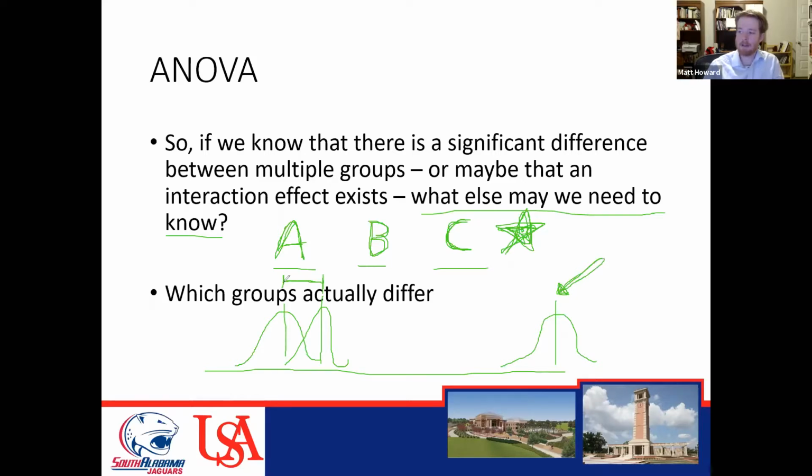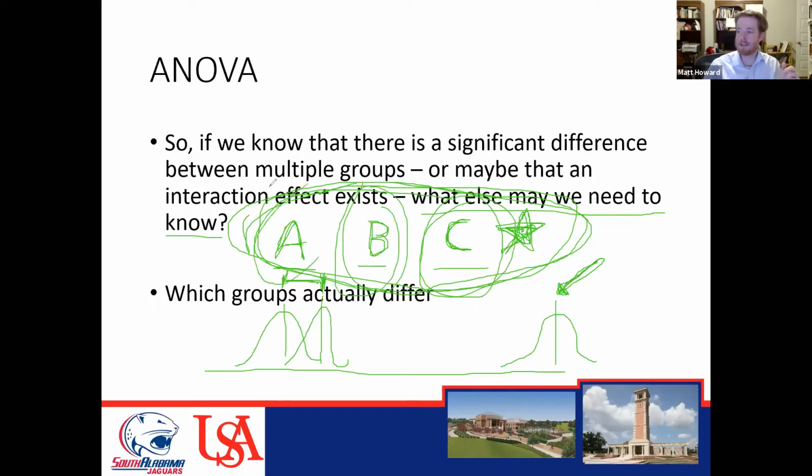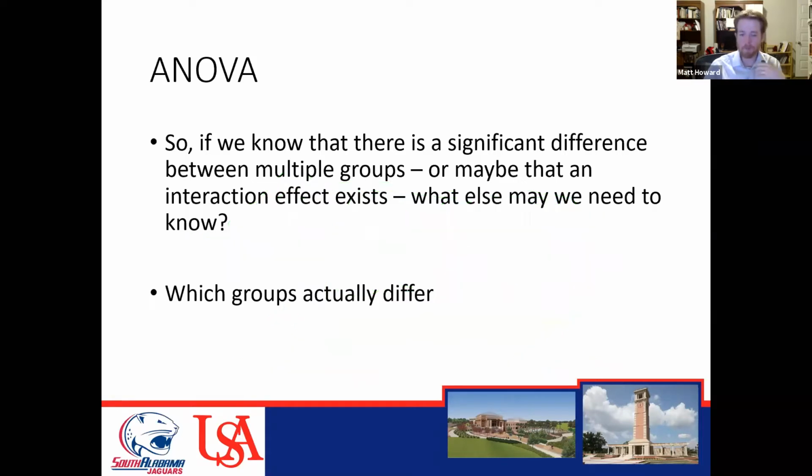A and B don't differ at all, but your ANOVA might be significant because C is really, really different than A and B. So we need to figure out what we can do after performing an ANOVA to see how our groups differ. Our ANOVA will just tell us that overall there's some type of difference among these groups, but then we have to do another analysis to see the nature of these differences. Is it just C that's driving this effect, or are A, B, and C overall just different from each other?